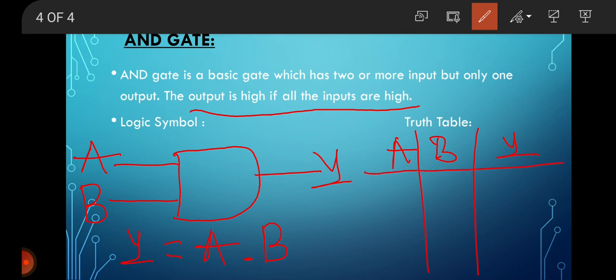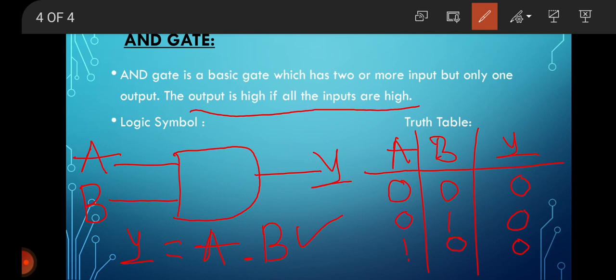First we apply 0 to A and 0 to B. Putting these values in the Boolean expression, we get 0. Then apply 0 to A and 1 to B, and we get 0. Apply 1 to A and 0 to B, and we get 0.